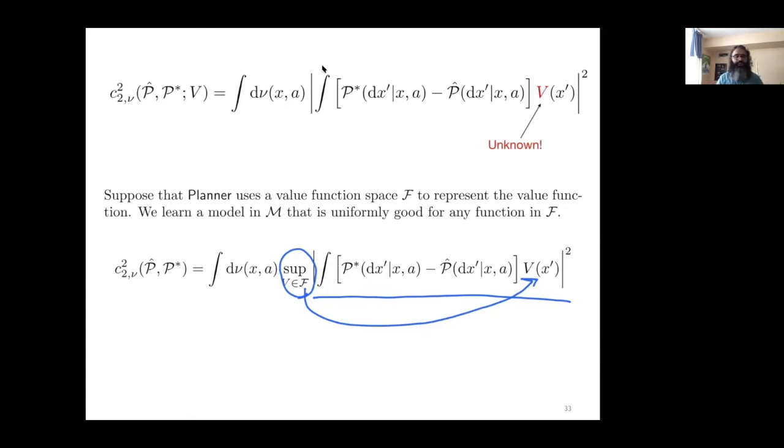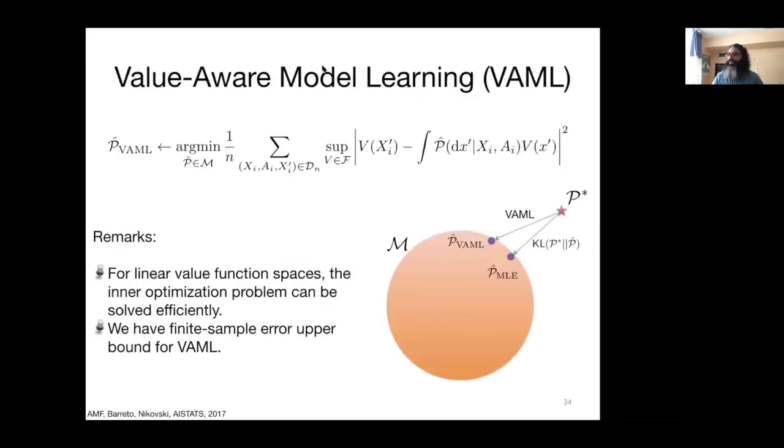Is this clear? So we have this supremum here. And of course we don't have P star, but we have samples from it. So we do empirical risk minimization. We substitute samples that come from P star in this loss function, which gives us a form like this: we are learning a model, P hat of VAML, that is the minimizer in some function space of the summation over the data that we have collected from the true model, of the supremum of V of X prime.